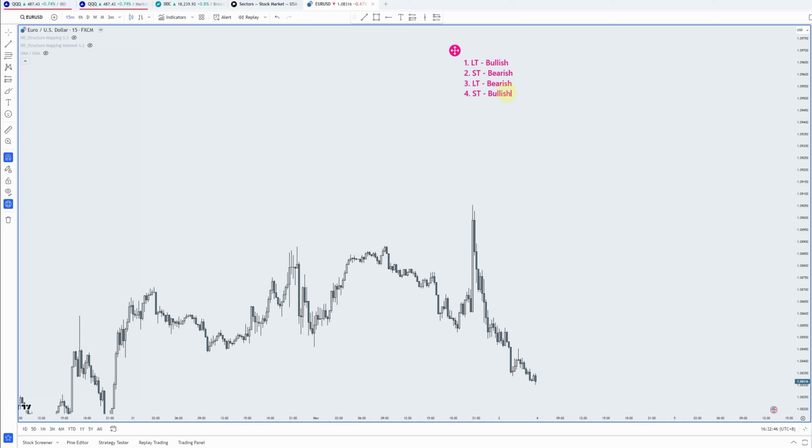So we need to keep an eye on these 4 trends. So what is the long-term bullish?